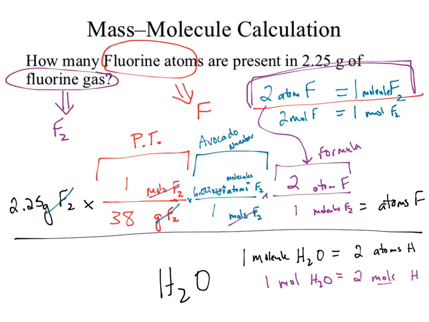I said that conversion factor could come in 2 places. Where's the other place it could have come in? Right at the beginning. Not quite right at the beginning, because at the beginning I have grams of F2. My other conversion factor is moles of F and moles of F2, not grams. So almost.